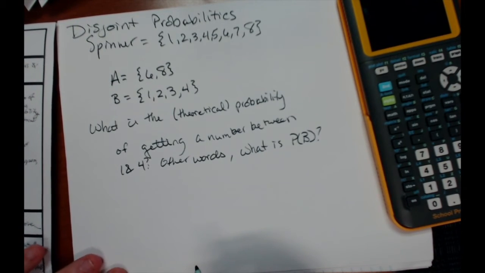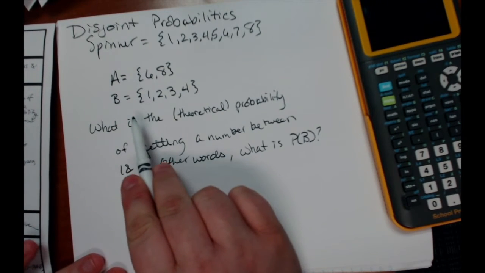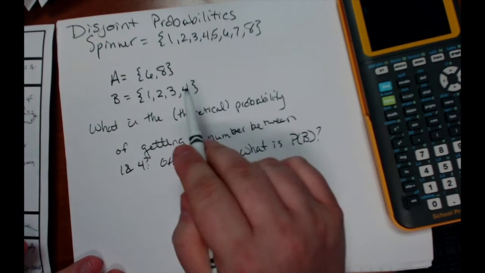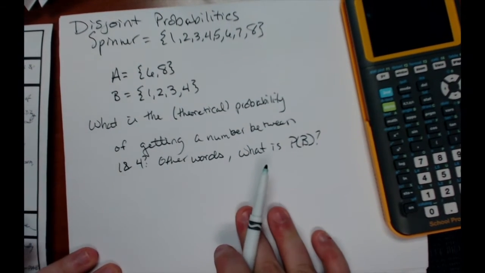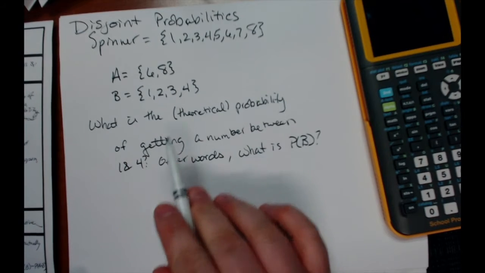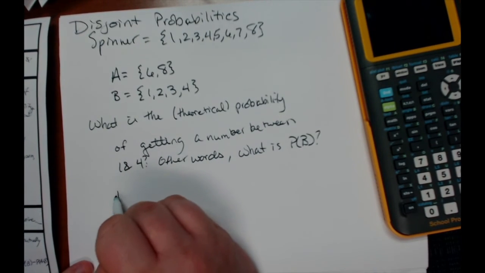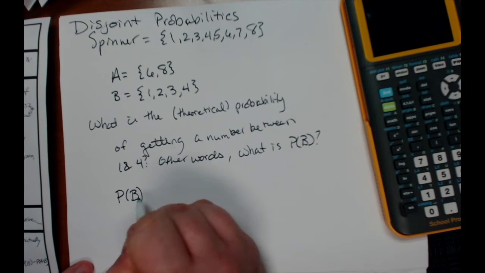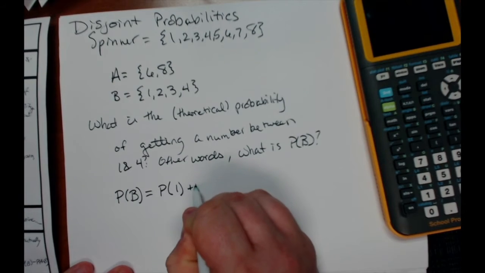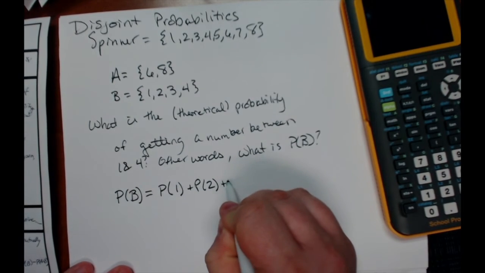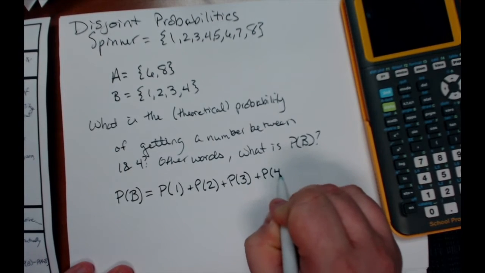Well, since each spin can be a 1, a 2, a 3, or a 4, or a 5, or a 6, or a 7, or an 8, but can only be one of them, these are disjoint outcomes. The probability of B is really just the probability of a 1 plus the probability of a 2 plus the probability of a 3 plus the probability of a 4.